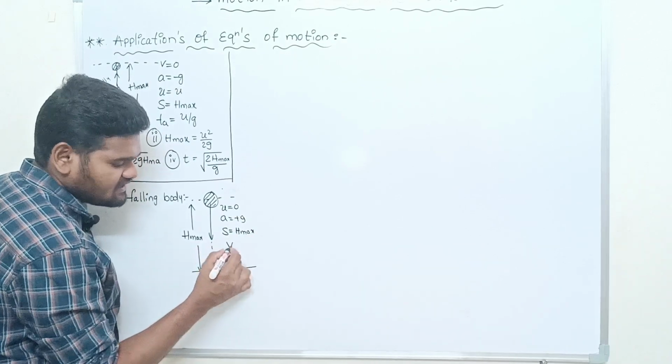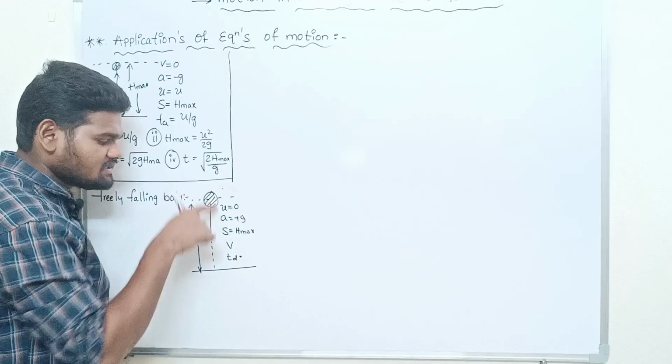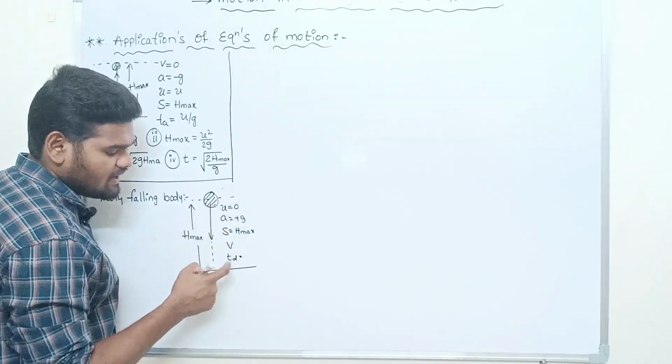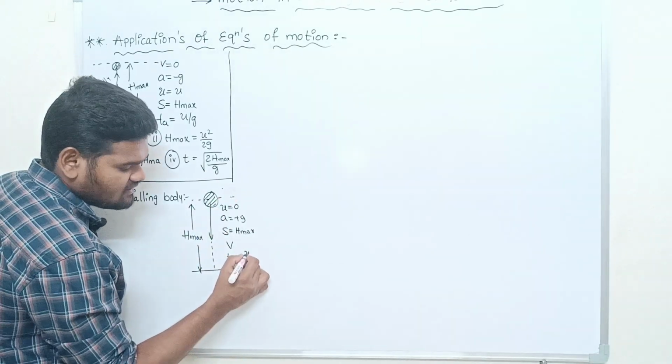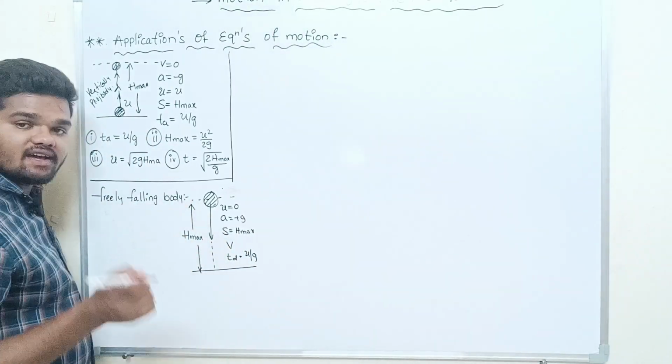It has a final velocity v, and the time taken by the object moving towards the ground from maximum height is called the time of descent, which is u by g. So the time of ascent and the time of descent are the same.